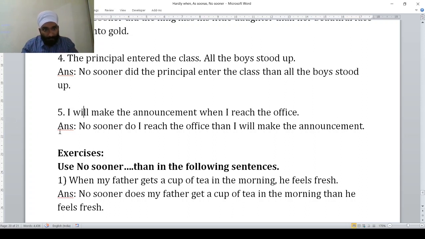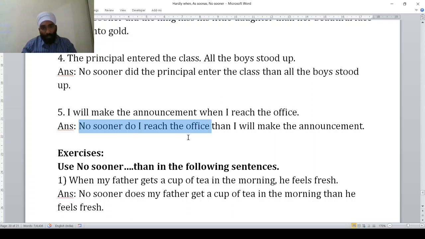This is why the first action which is occurring is: no sooner do I reach the office. Here we have used do because the subject is I. To agree with the subject we have to use the appropriate helping verb. So for simple present tense, do is the helping verb.